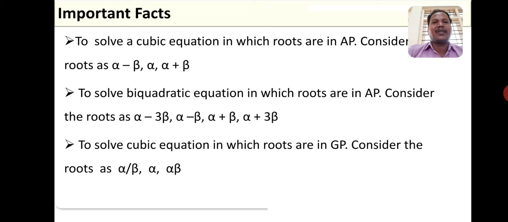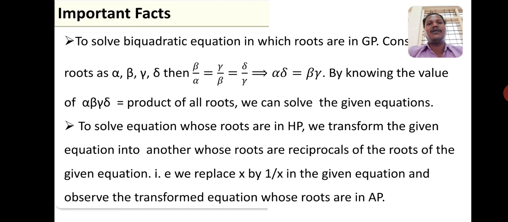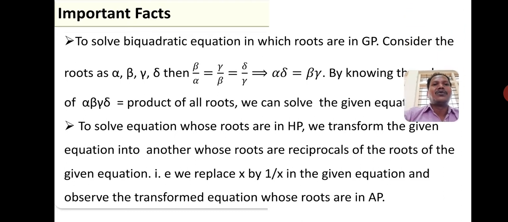Next one, to solve cubic equations in which roots are in GP, consider the roots as alpha by beta, alpha, alpha into beta. Next one, to solve a biquadratic equation in which roots are in GP, consider the roots as alpha, beta, gamma, delta.